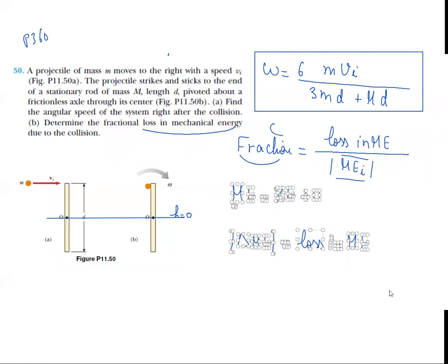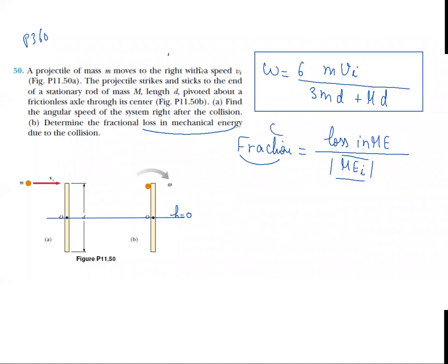So here the initial mechanical energy is equal to the initial kinetic energy. Initially, this one was at rest. We have only a translational kinetic energy of m, which is equal to m over 2 times v initial square.